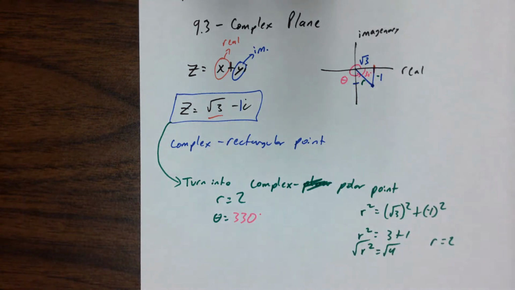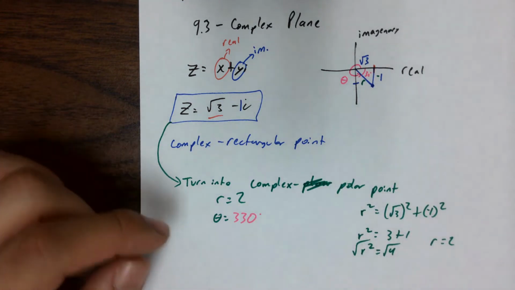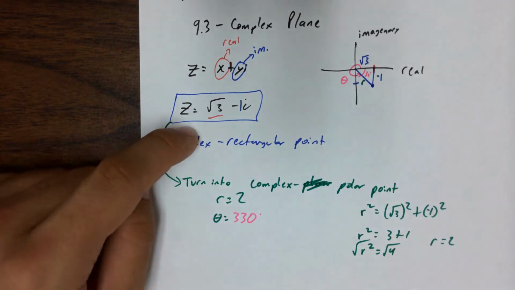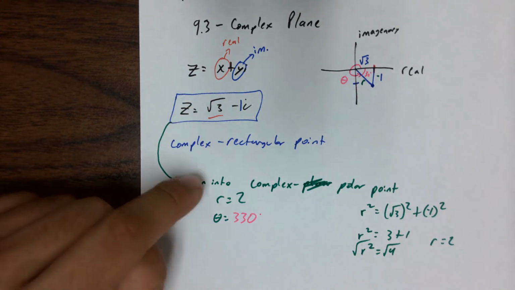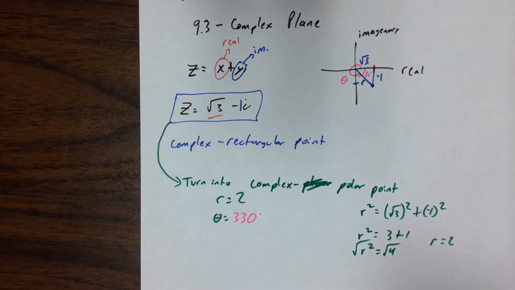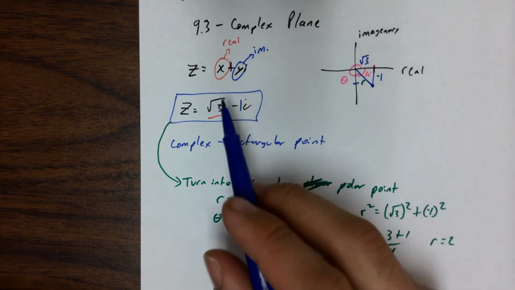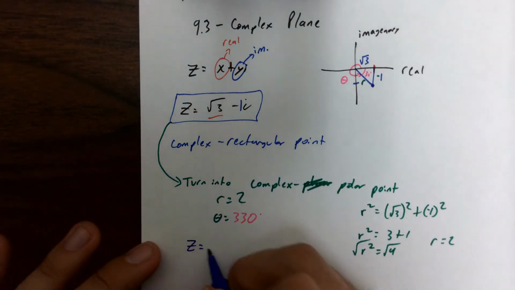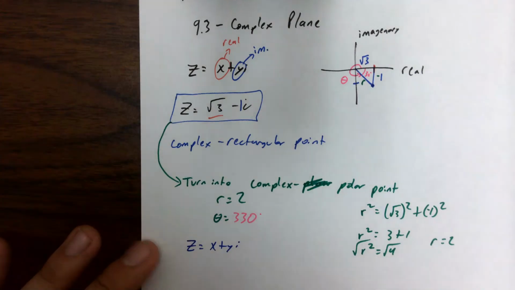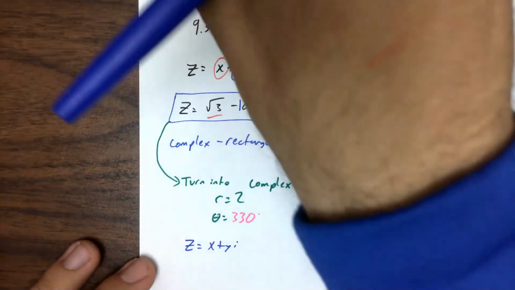So in order to go from complex rectangular to polar, I'm going to take this point. I'm going to take my equation. Remember, I know that the complex number is z equals x plus yi. And I also know some conversions for me.